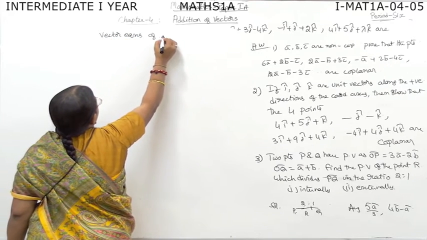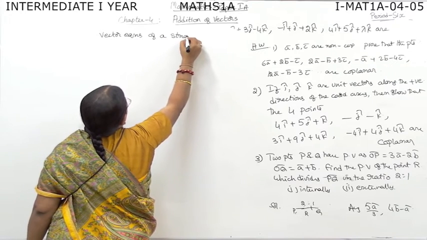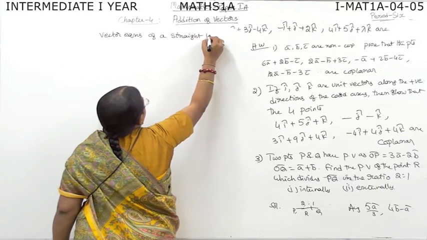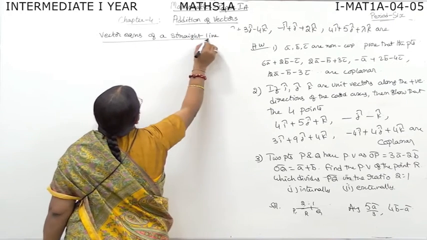a straight line. In this we have two equations.